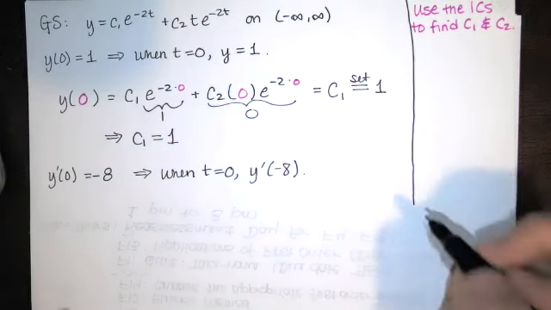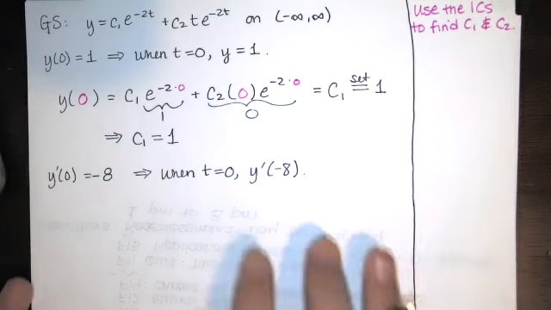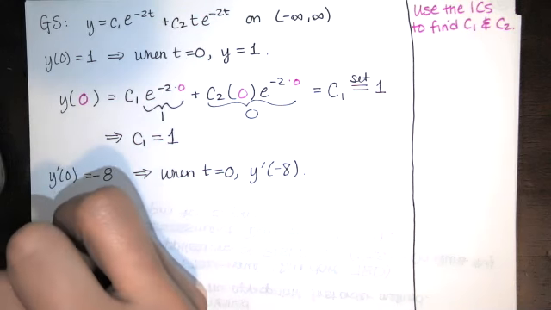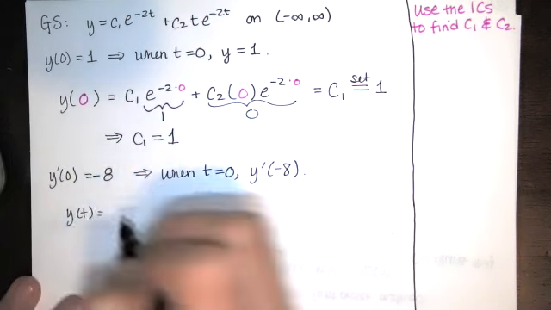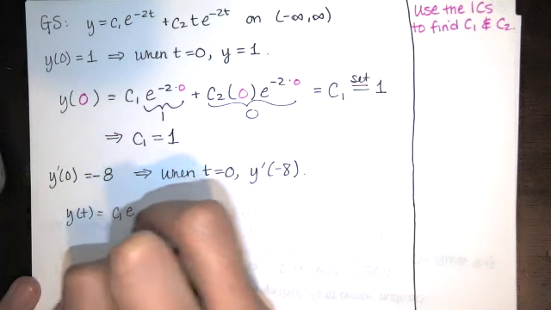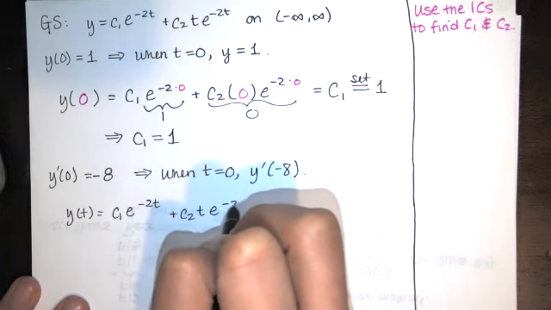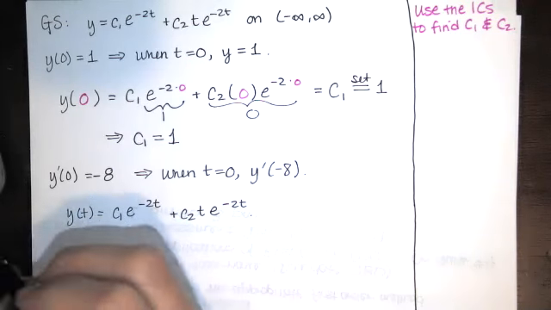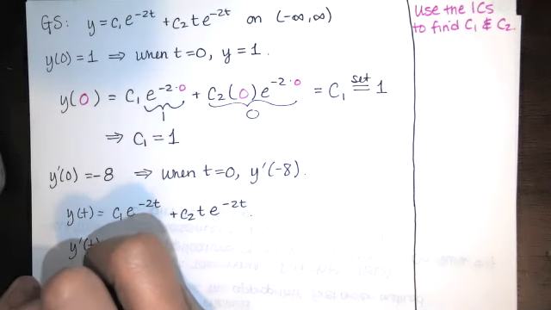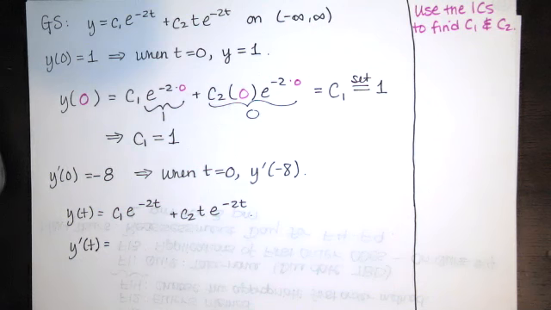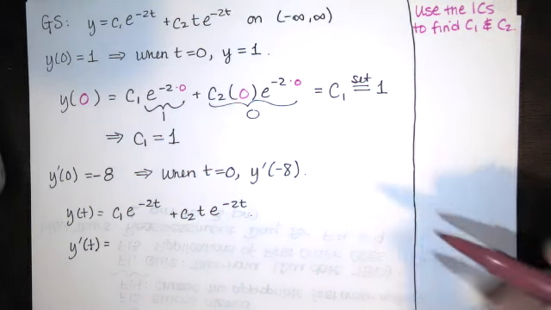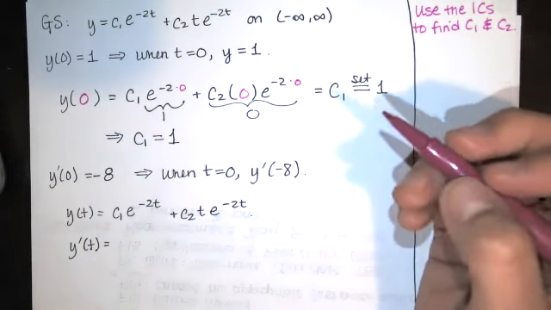In order to use this initial condition, we've got to take the derivative of y. So y of t was c1 times e to the -2t plus c2 times t times e to the -2t. I want to compute y prime. So I want to write down my steps first, and then we'll compute y prime.